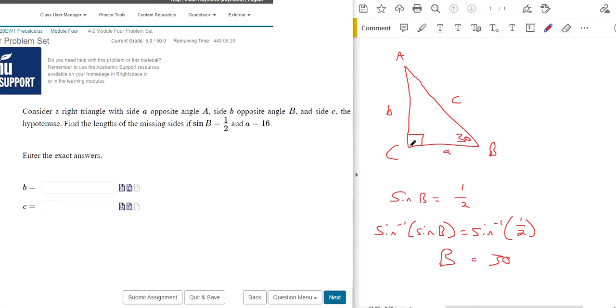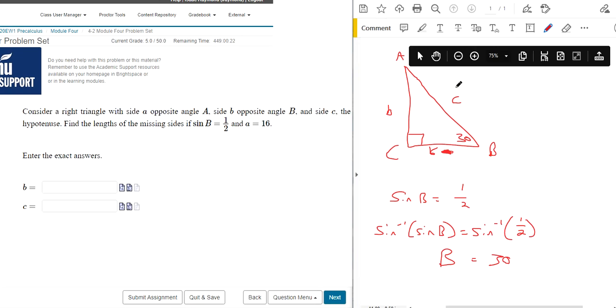They told us lowercase a is 16, so instead of writing a here, I'm going to write 16 in its place. We're supposed to solve for b and for c. When you have a right triangle, you can use the right angle trig functions: sine, cosine, tangent, cosecant, secant, cotangent.